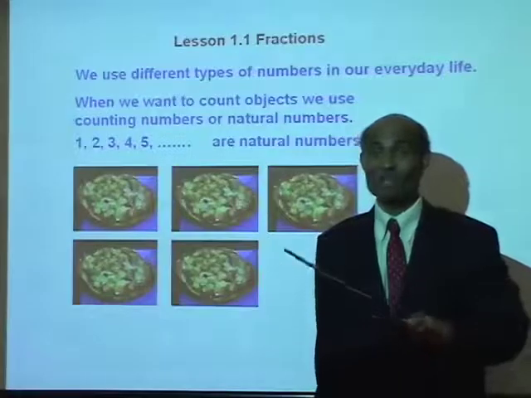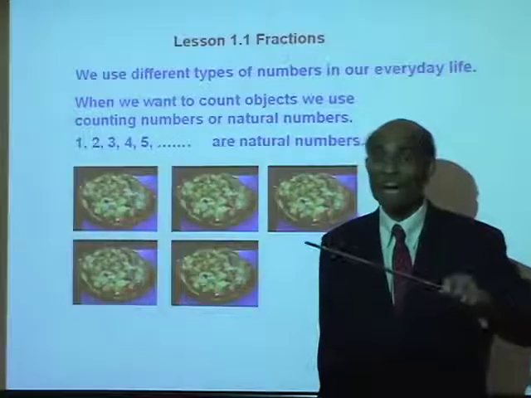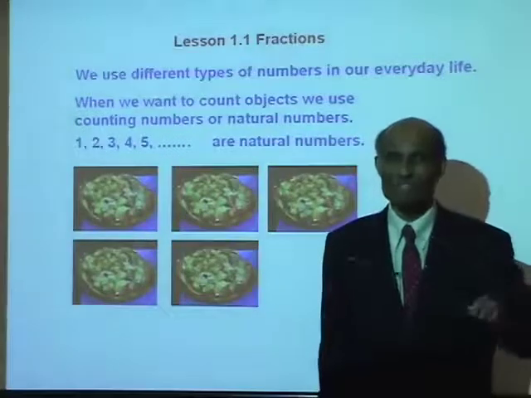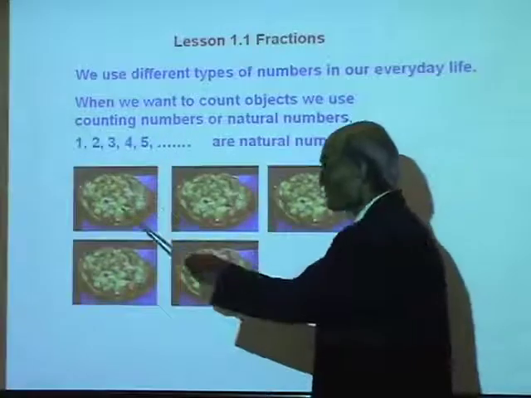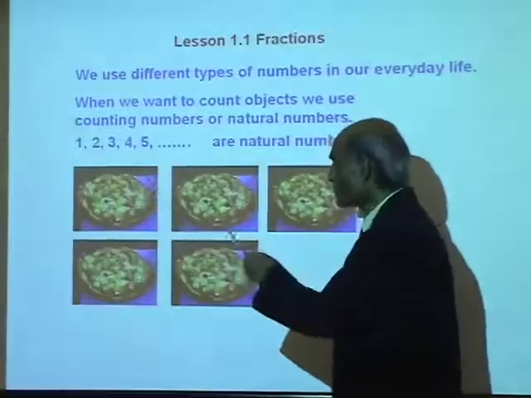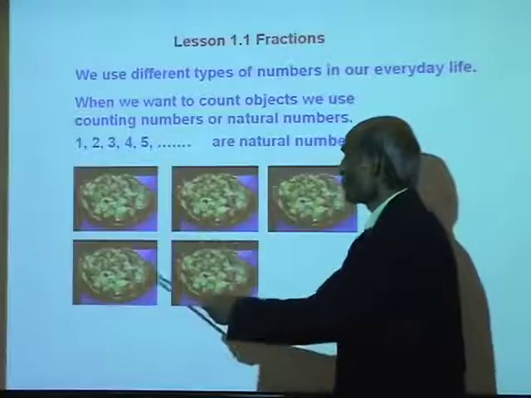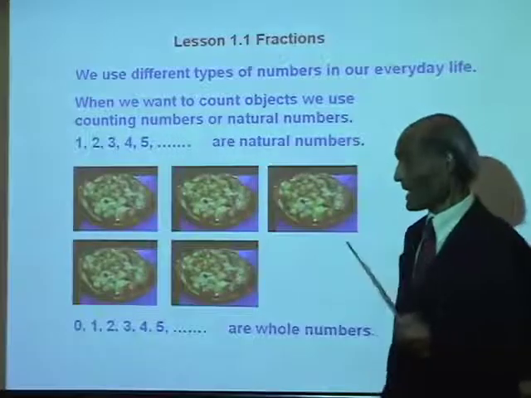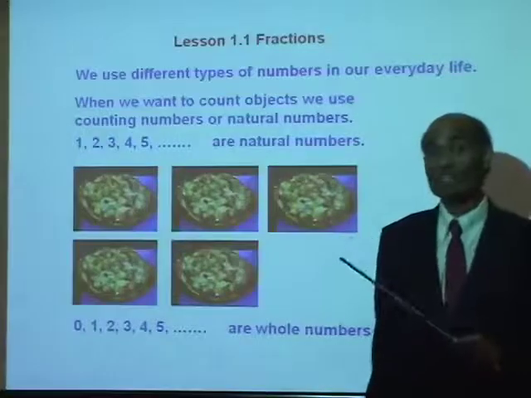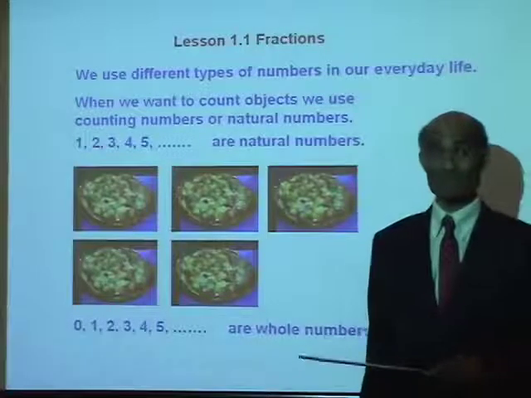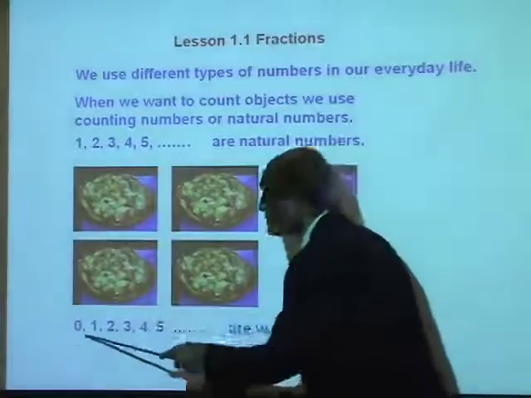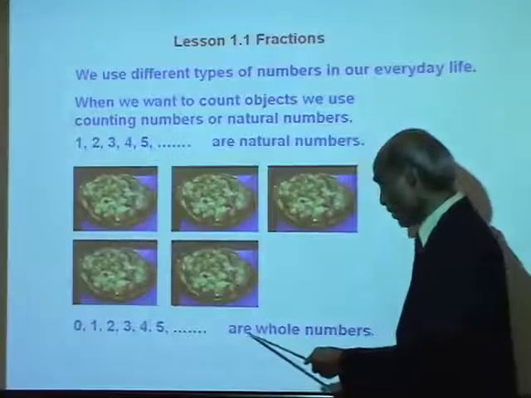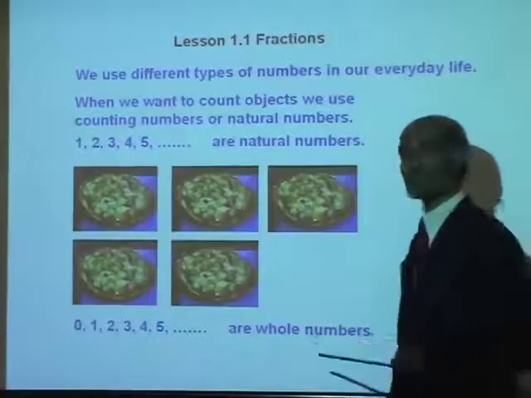And so, we say counting numbers are discrete numbers. Discrete numbers. You jump from 1 to 2 to 3 to 4 to 5 and so on. Now, along with these discrete counting numbers, if you put 0, then you call them whole numbers.